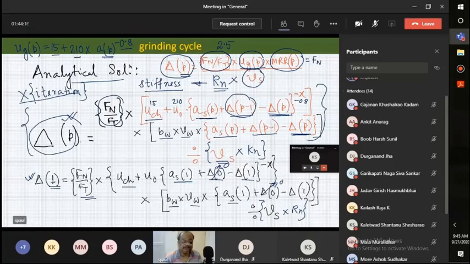Deflection is a fixed percentage of AT. AT is effective downfeed or total downfeed. AT, if you remember, was AS plus delta from the previous pass. This has been used earlier as well.